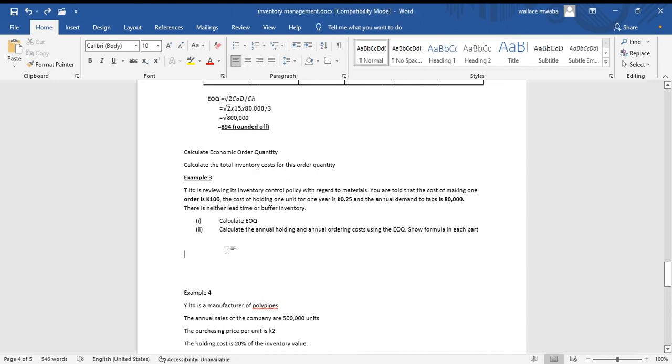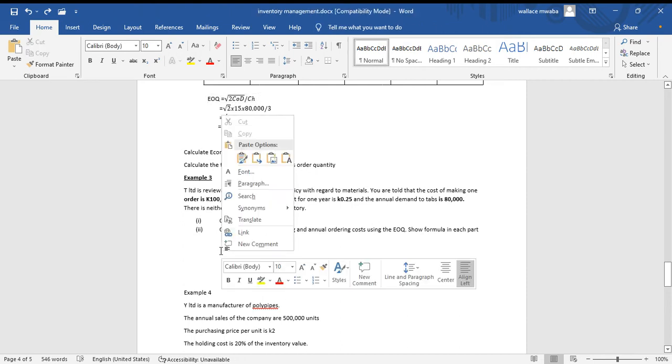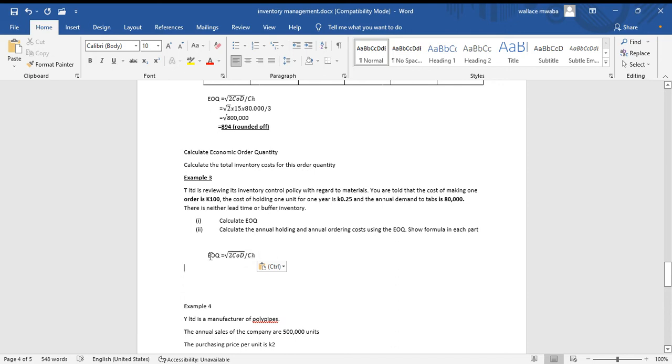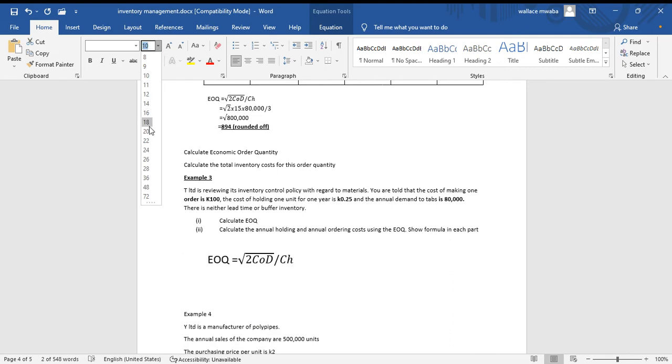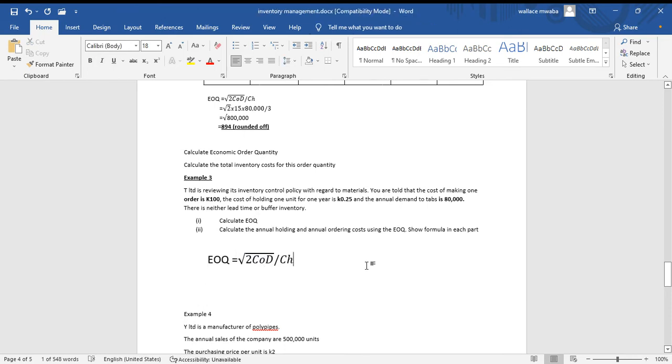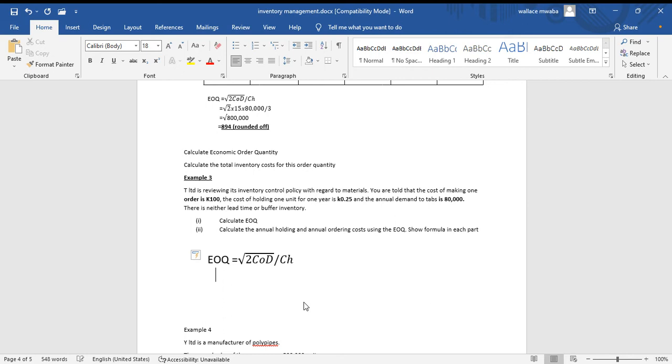Let me just copy it and zoom into the formula so that you can see. Let me put it here and make it a bit bigger. I'm going to open brackets. Let me copy the square root again.